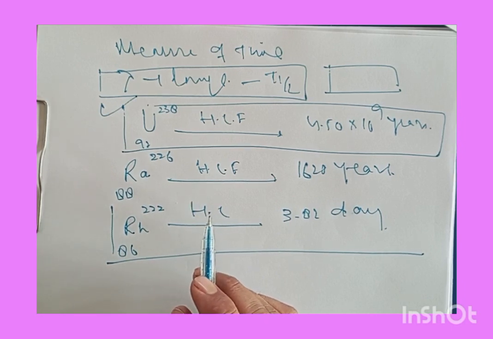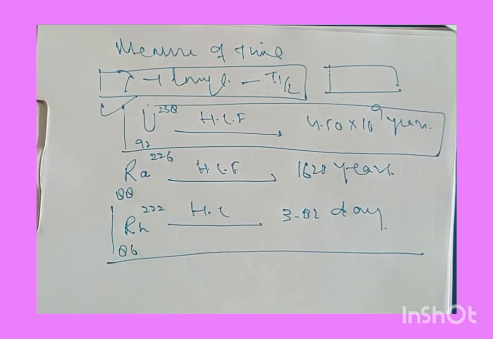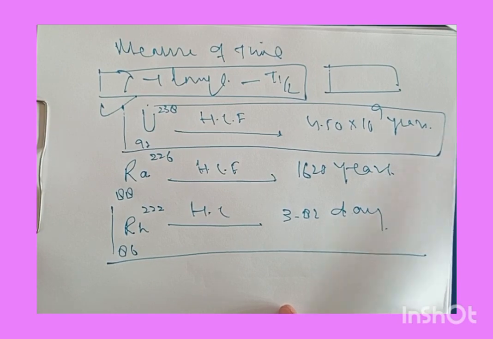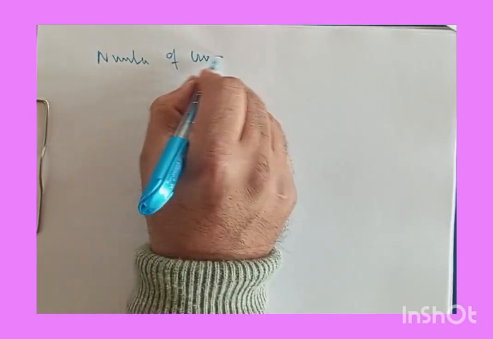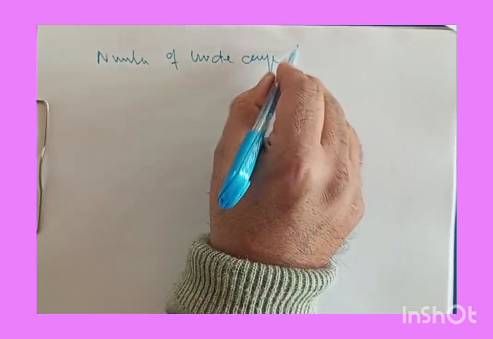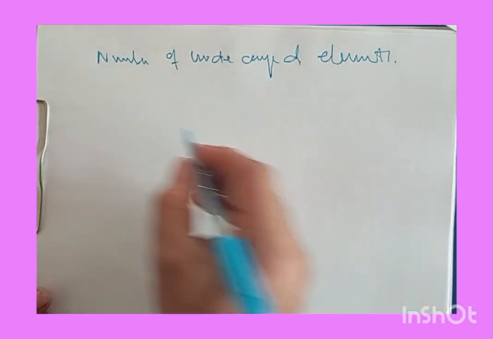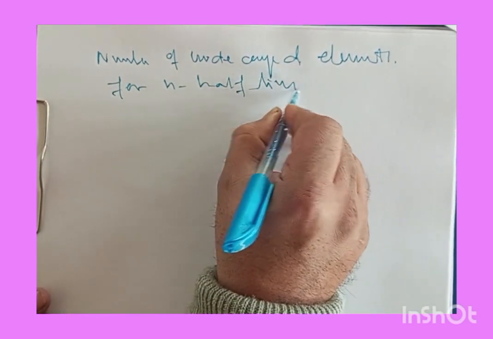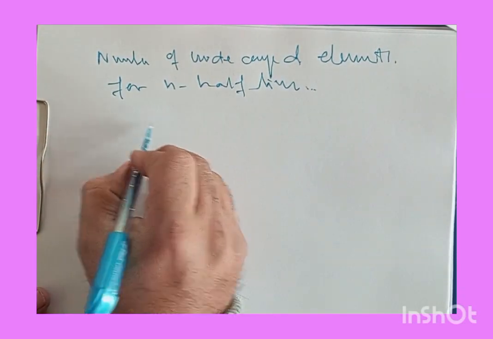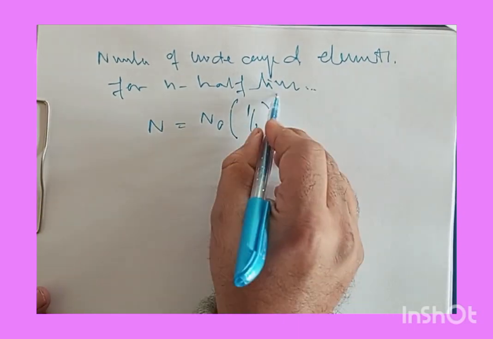And if we have to calculate the number of undecayed atoms in a particular sample, the number of undecayed elements for n half-lives, in that case, this N will be N naught times 1 by 2 raised to the power n.